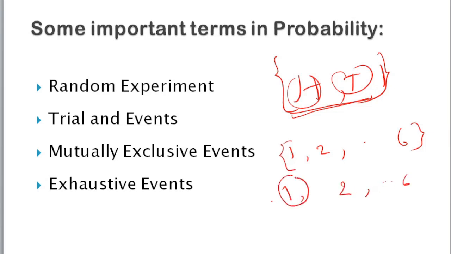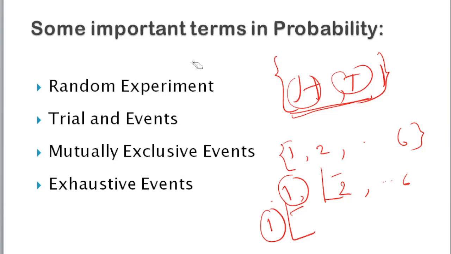So this one actually prevents the others. That means when one occurs in our first throw, it prevents all the other events. That type of events are generally known as mutually exclusive events. Or you can say, in a coin tossing problem, there are two mutually exclusive events, head and tail.